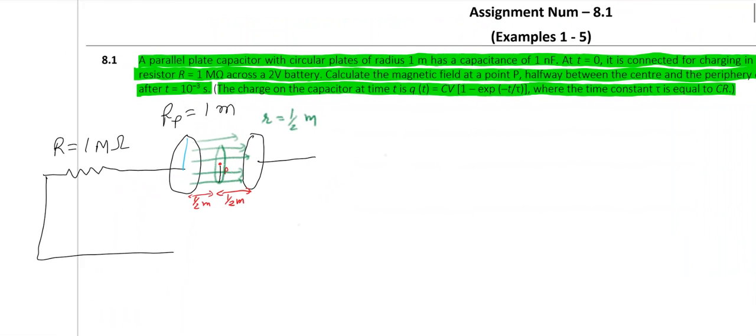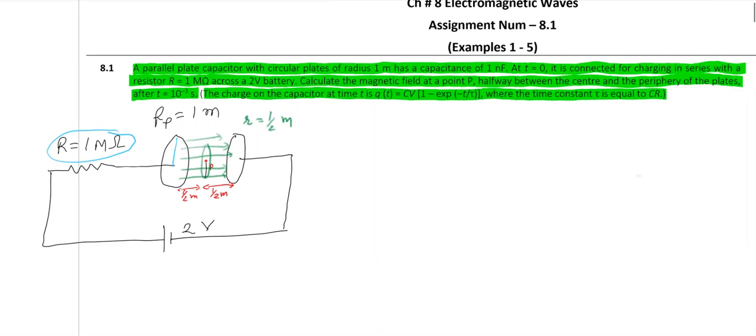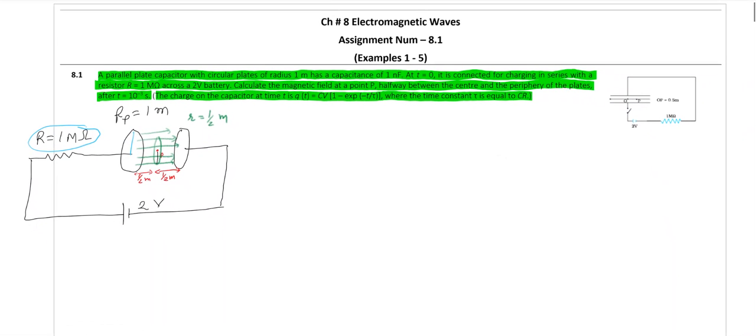Which other data are we given? This capacitor is connected to a battery of 2 volt potential. Mostly the role of this resistor is to limit the current, but it also determines how much time the capacitor will take to charge fully, and that we can find using RC.